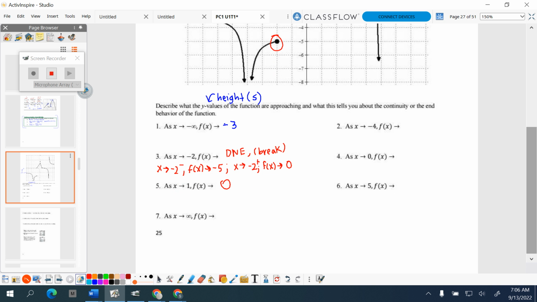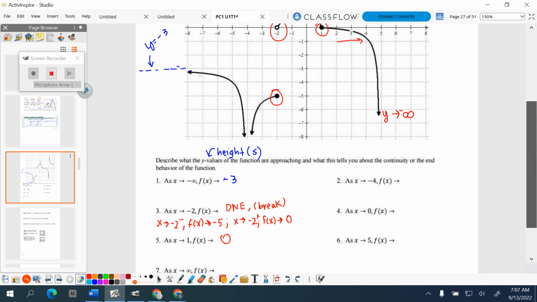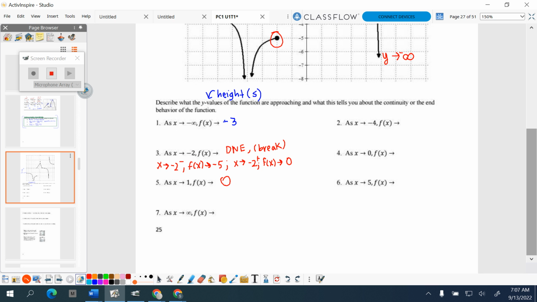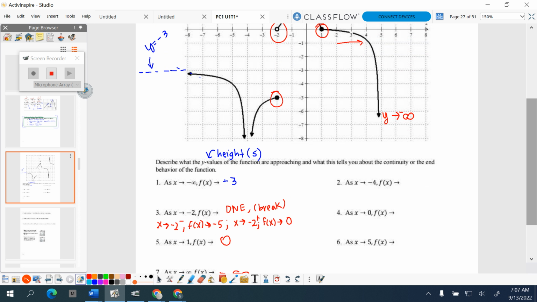As f of x goes this way, my y values go to negative infinity. So I'm going to write that. My y values, this height, goes towards negative infinity. As x goes to negative 4, my y values go to negative infinity.